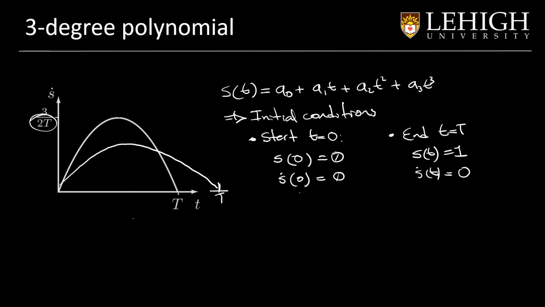Okay, so we have a system with four parameters that we need to obtain, and we have 4 constraints. Solving this system, we can obtain the parameters.